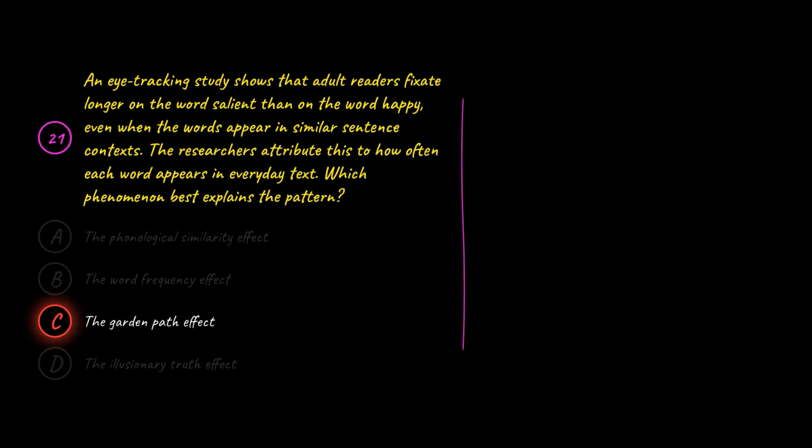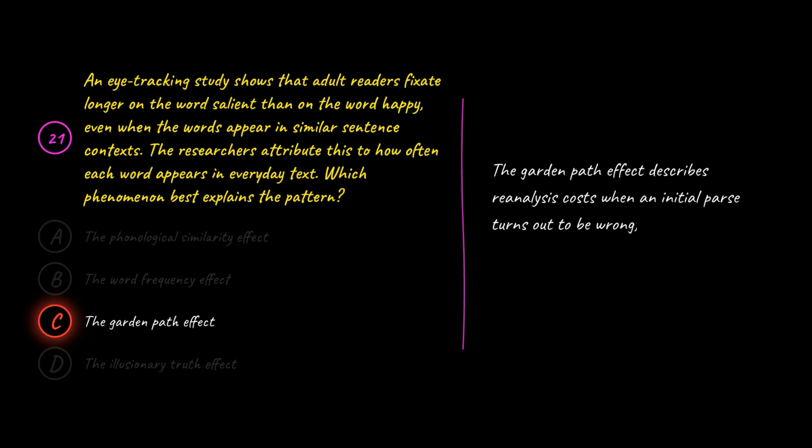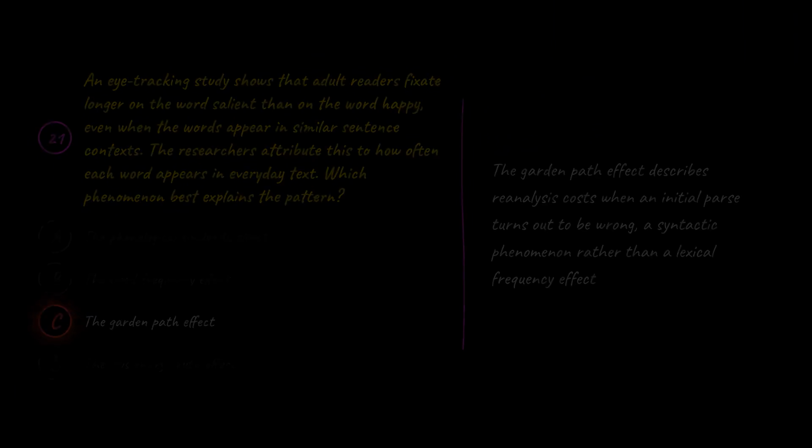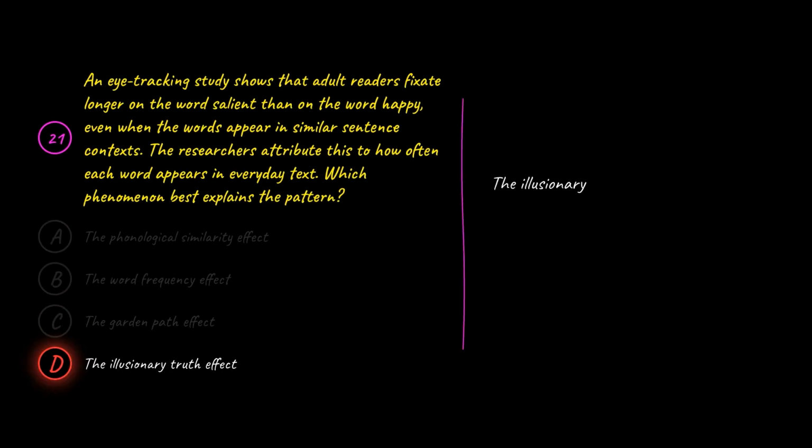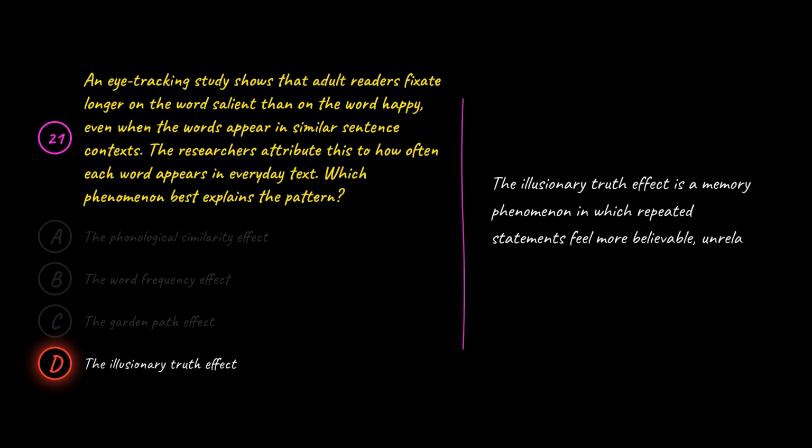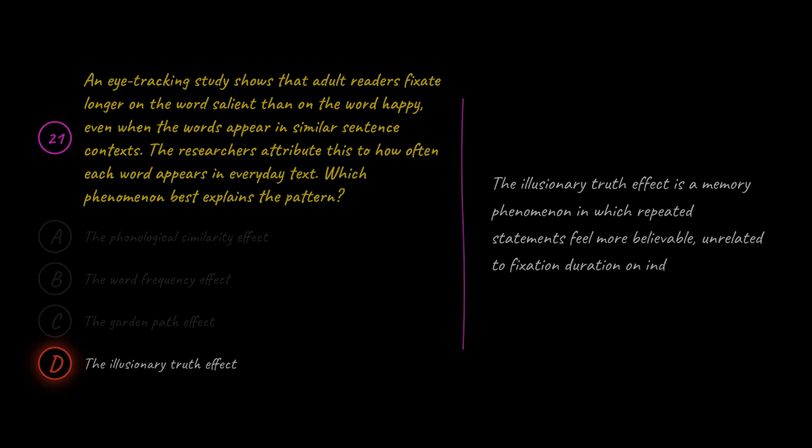C is wrong because the garden path effect describes reanalysis costs when an initial pass turns out to be wrong, a syntactic phenomenon rather than a lexical frequency effect. D is wrong because the illusory truth effect is a memory phenomenon in which repeated statements feel more believable, unrelated to fixation duration on individual words.